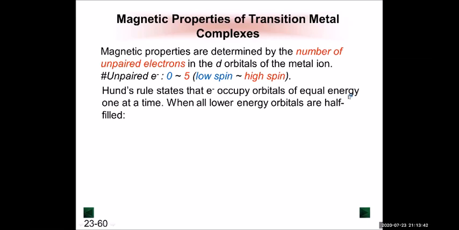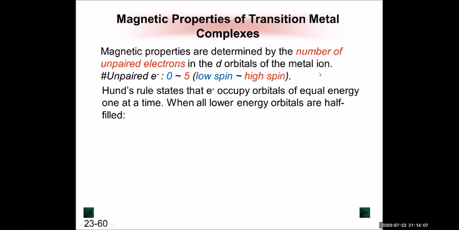The magnetic properties depend on the number of unpaired electrons in the d orbitals of the metal ion. Why does it have to be d orbitals? Because the d orbital for the transition metal is oftentimes the highest energy in the ion. And the other s and p orbitals with all electrons paired will not affect the magnetic properties. The magnetic properties cancel out.